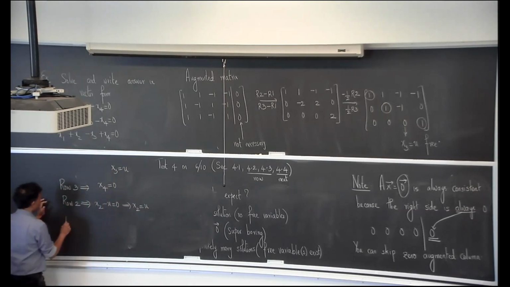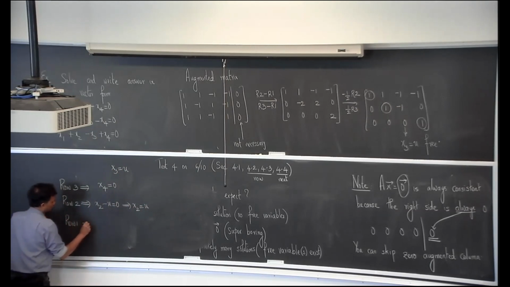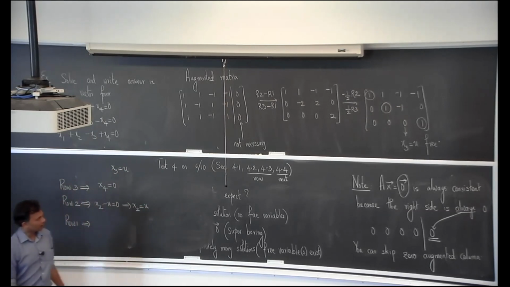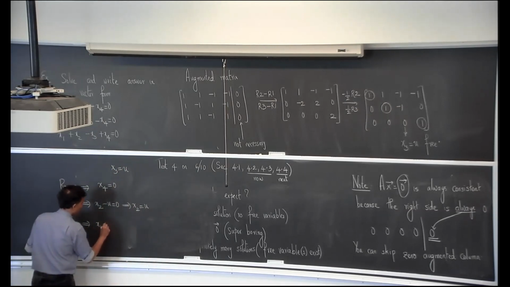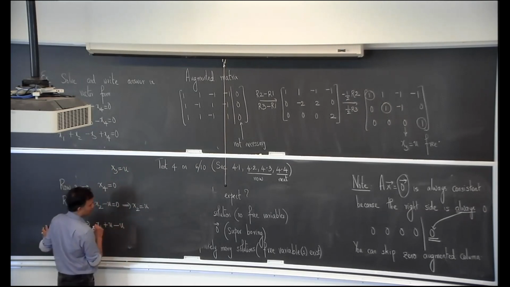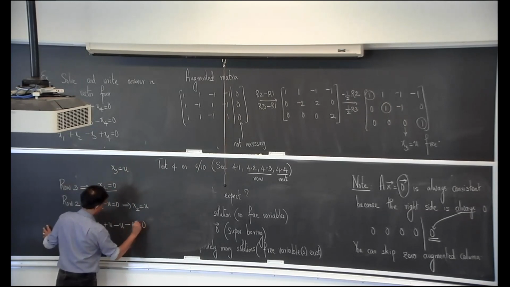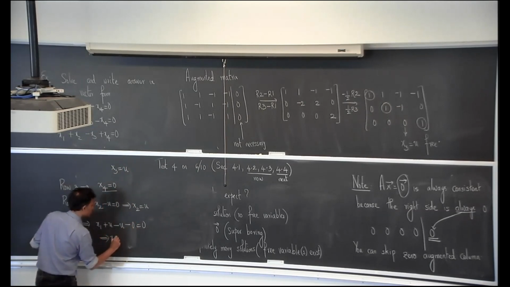And row 1, sitting with its full glory, x1 plus x2 minus x3 minus x4. x4 is 0. Okay. Equal to 0. So x1 is equal to 0.